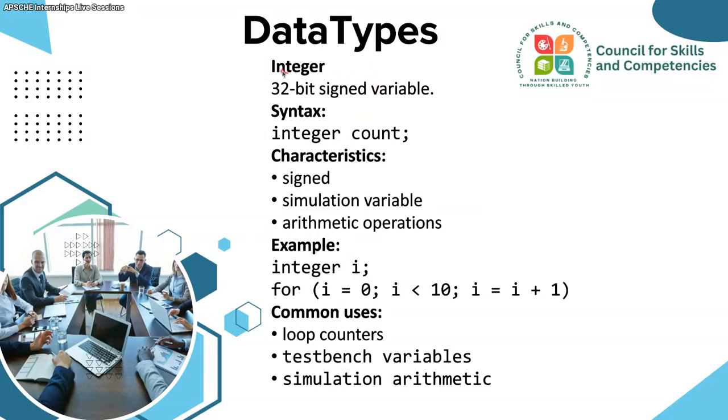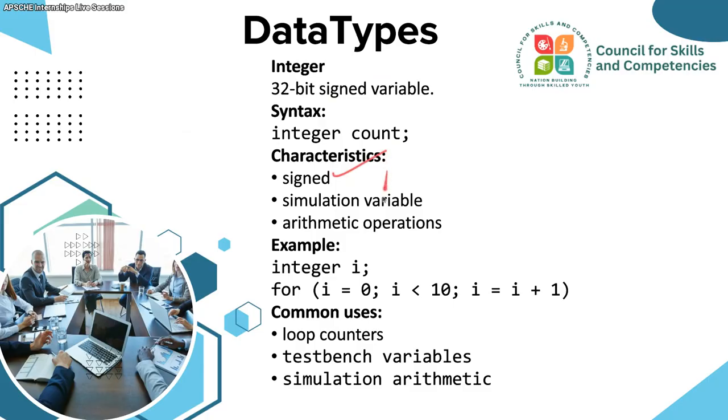Next, the integer data type. A reg is unsigned by default, though you can make it signed. But an integer is 32 bits in size and is a signed variable. The syntax is: integer count.